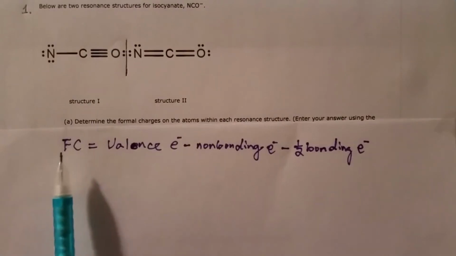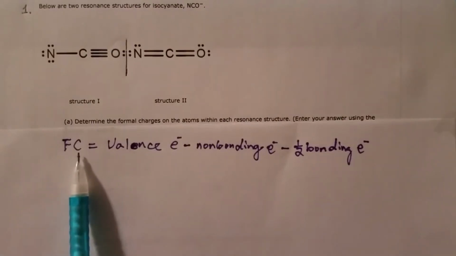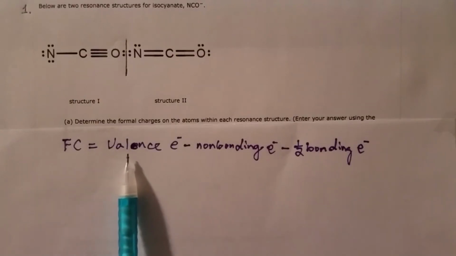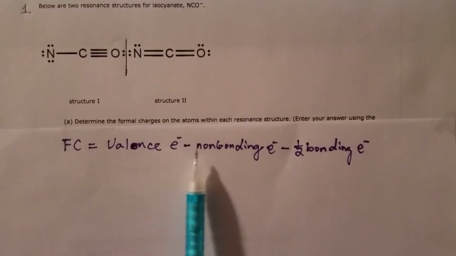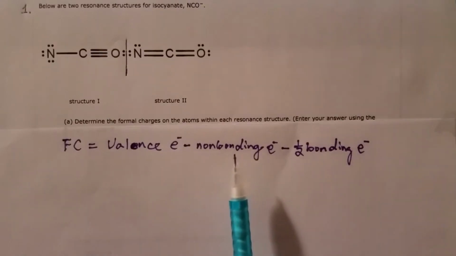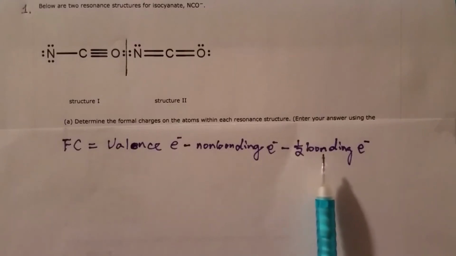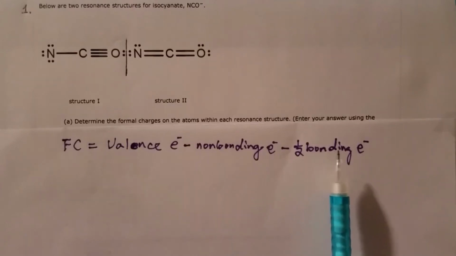Now let's recall the equation for calculating the formal charge. That can be calculated using the total number of valence electrons of that atom, subtracted by the non-bonding electrons, meaning just the lone pairs, and then subtracted by 1/2 of the bonding electrons.